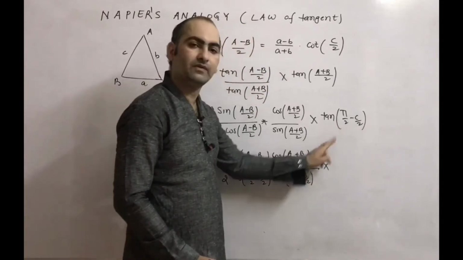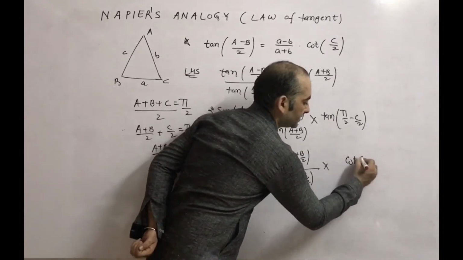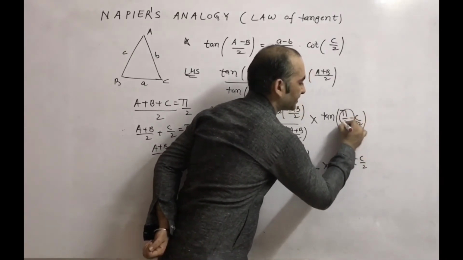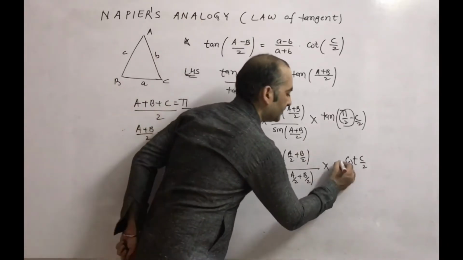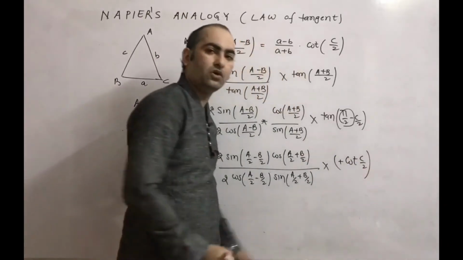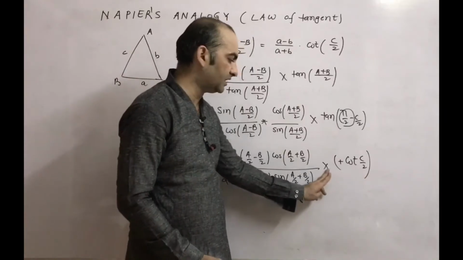This will be cot C by 2. Pi by 2 minus C by 2 is in the first quadrant, where tan is positive, so the plus sign comes: plus cot C by 2. It is in multiplication only.